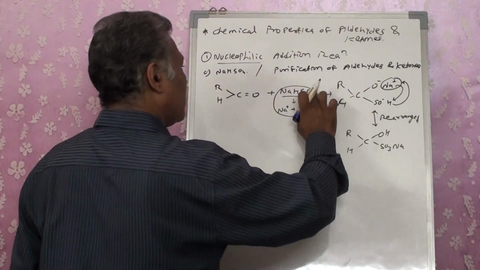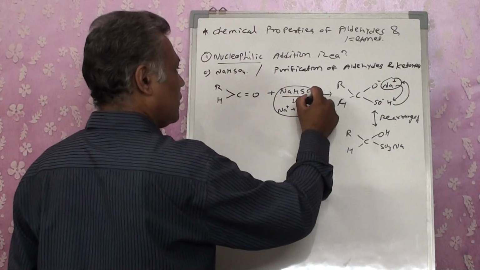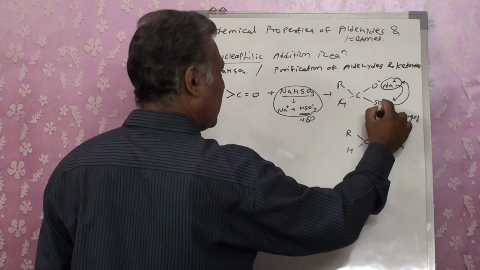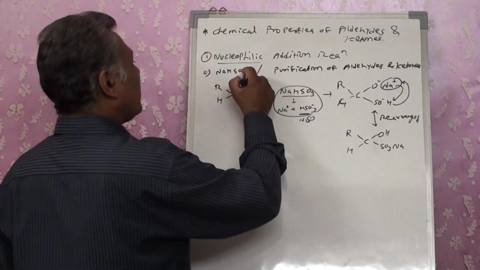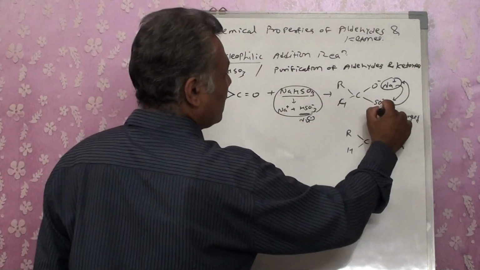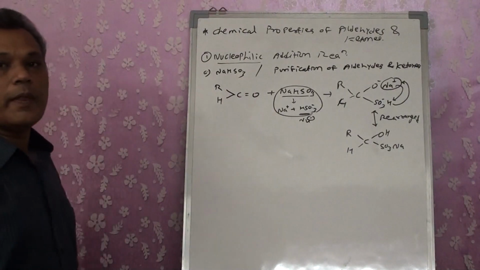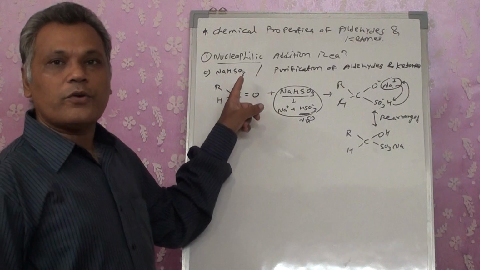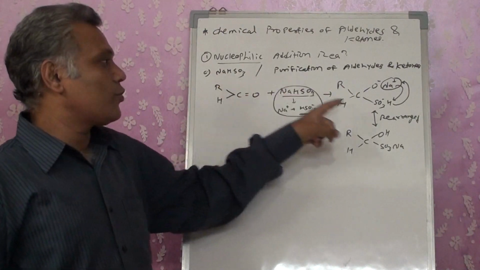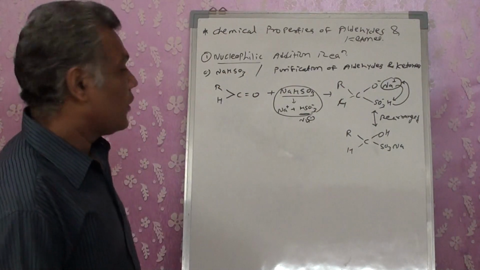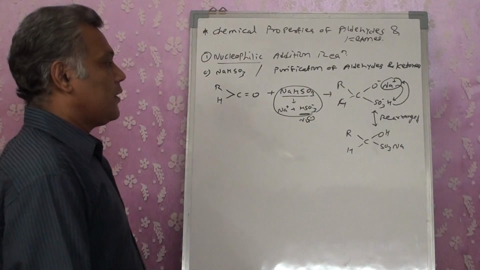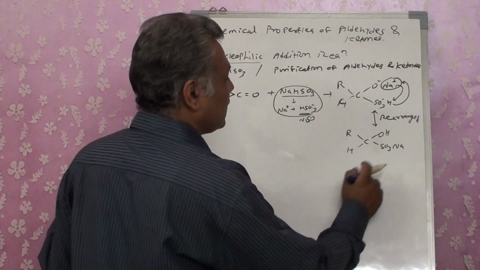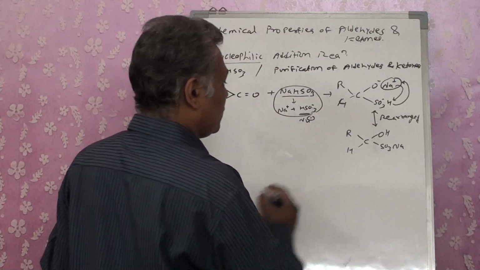Sorry, here I just wrote 4, it's NaHSO3. Right from the beginning I made an error. Right from the beginning we want to remember that it's NaHSO3, not NaHSO4, right? We get this component as a nucleophile that is added to it.